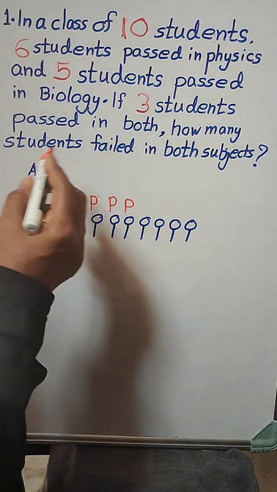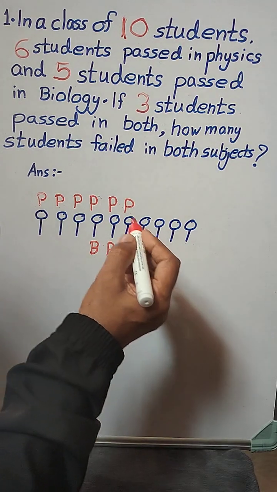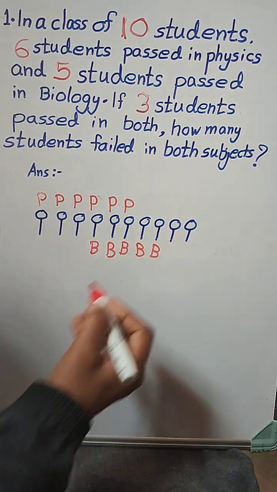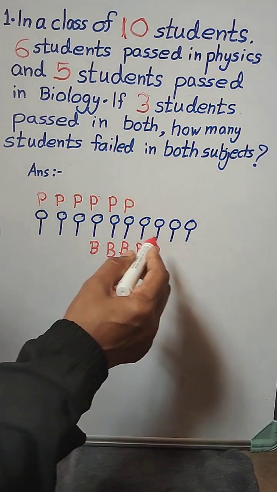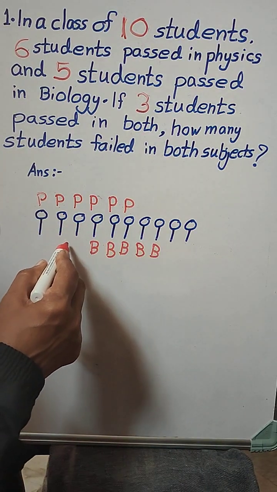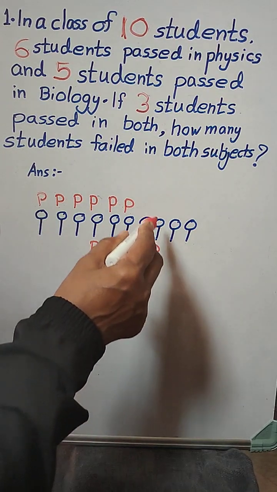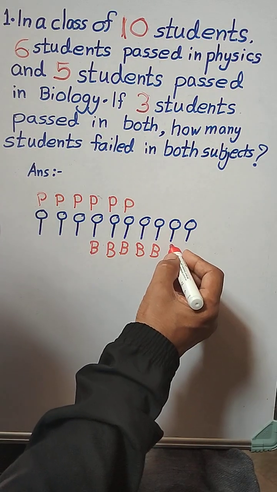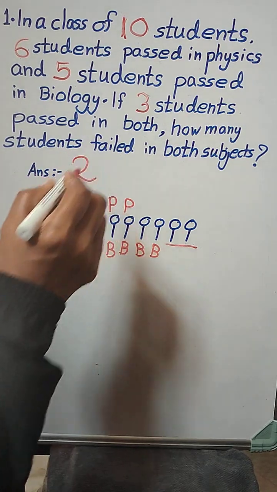If 3 students passed in both the subjects, here let us start B. How many students failed in both the subjects? Using this figure we can see, these 3 students passed in physics but failed in biology. These 2 students passed in biology but failed in physics. But here there are 2 students who failed in both the subjects. So 2 is the answer.